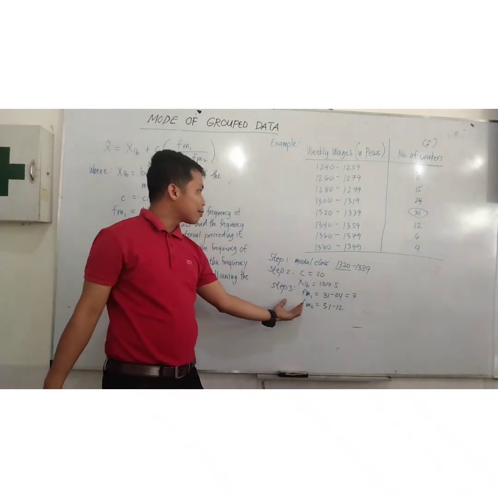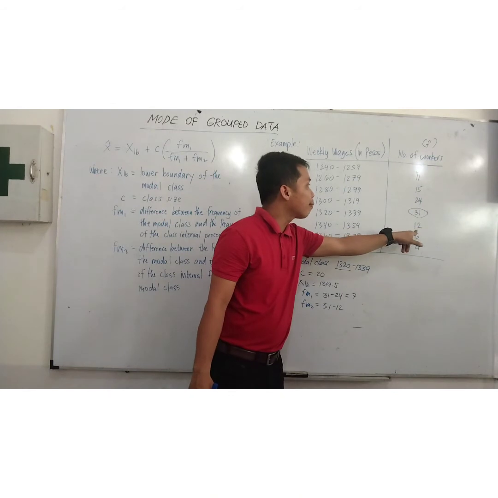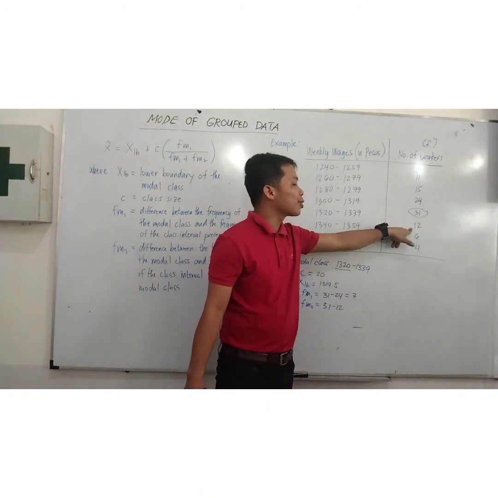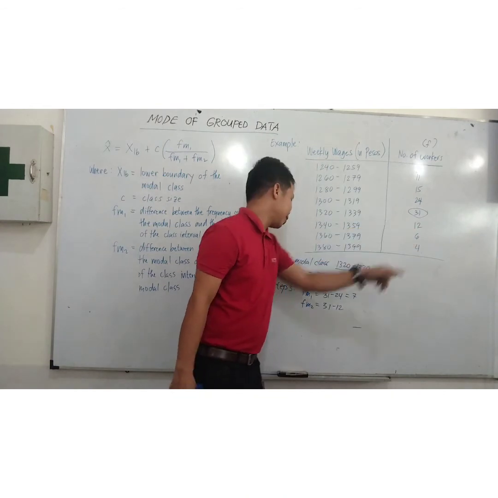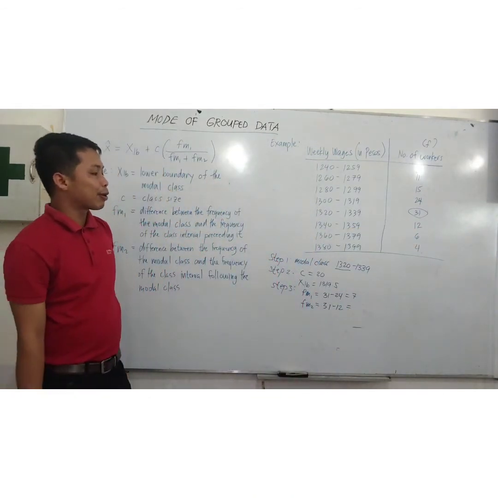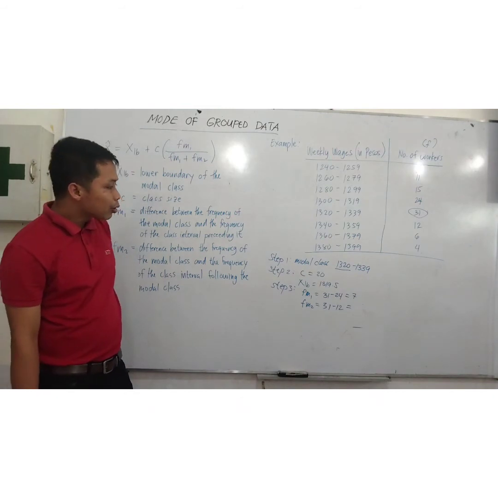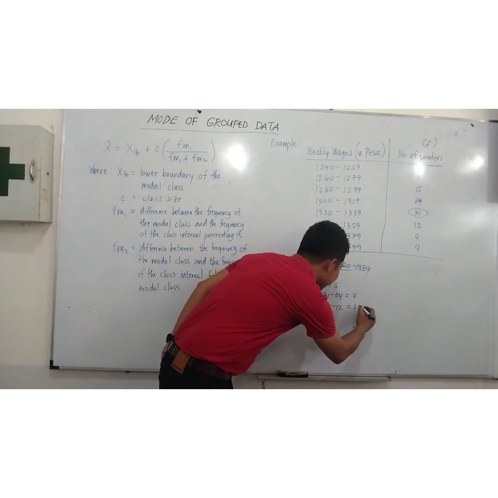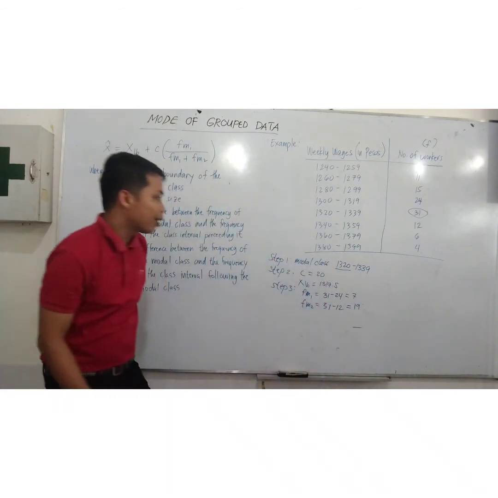Yung fm sub 2 naman natin, 31 minus 12. Ibig sabihin, yung frequency ng modal class minus dun sa kasunod na frequency. So 31 minus 12 is 19. Tama? Oh, so 19.